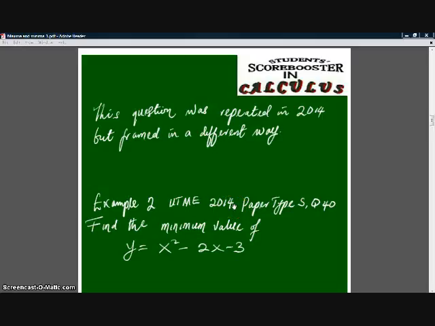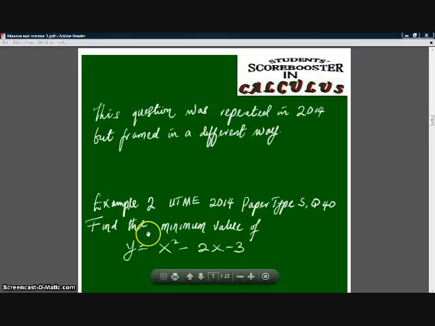And now example 2 is the same expression in 2014, but we're going to see what is the difference between the two. UTME 2014, paper type X, question 40.